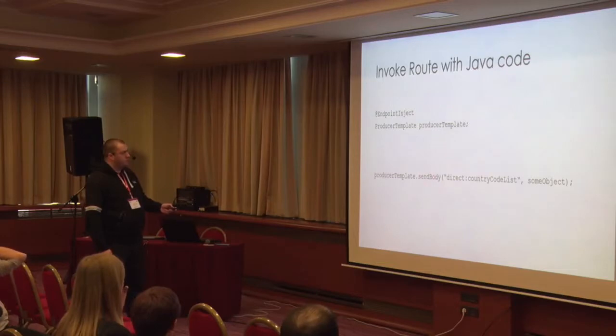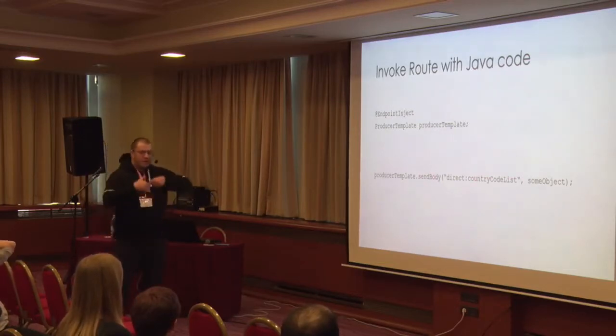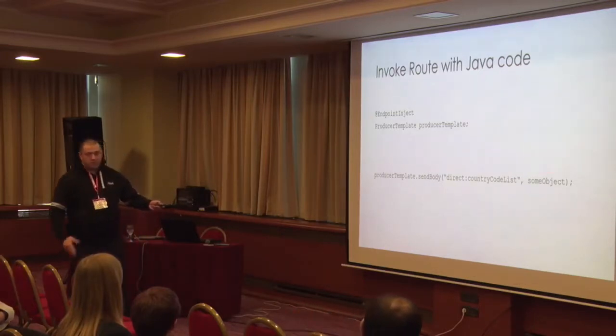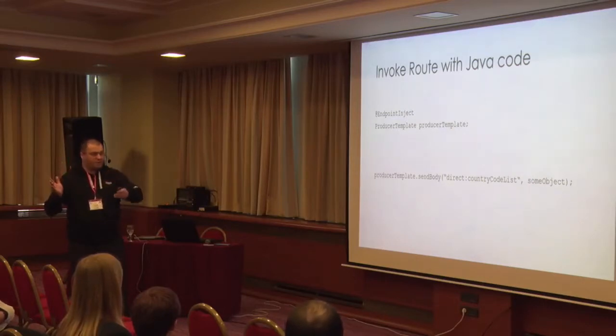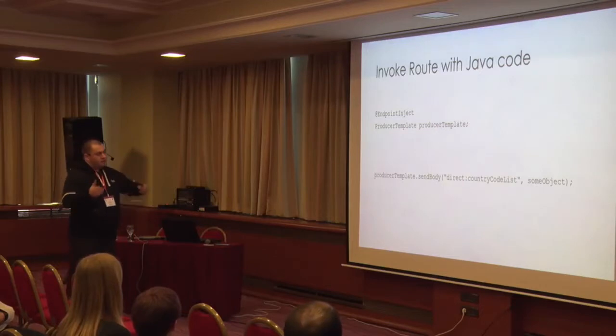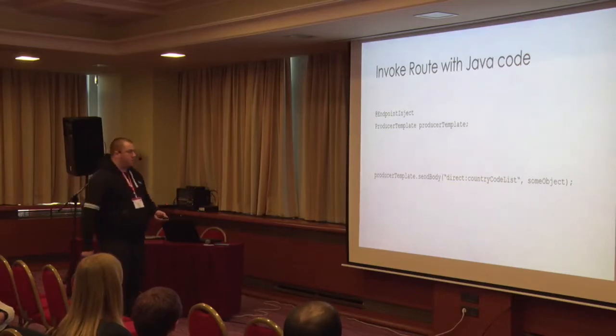In most cases, you'll use this method sendBody, where you define which route and the object. Now, when you call this route, you send certain objects. It expects just something of type Object, so it can be whatever you want, and the route definition will do something with that. In our previous case, you're just going to bring that object to that method in that bean.